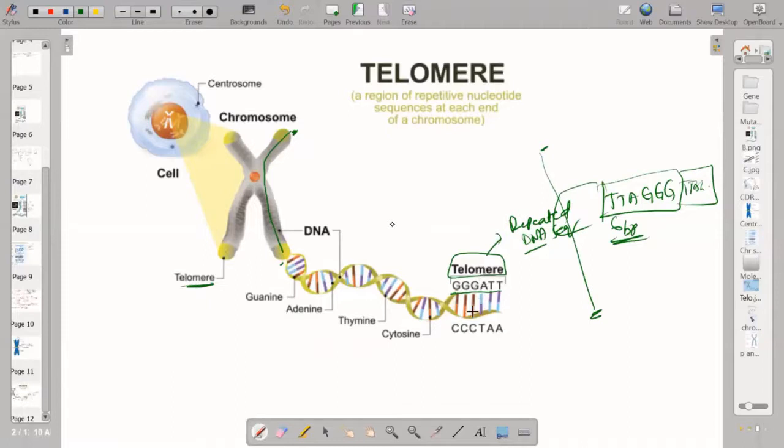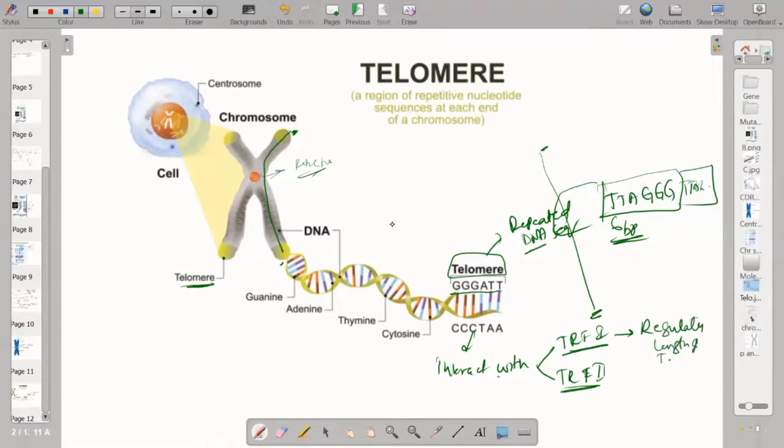These telomere regions interact with two types of proteins called TRF1 and TRF2. Just like how your centromere region interacts with the kinetochore, in the same way the telomere regions interact with two proteins, TRF1 and TRF2. TRF1 regulates the length of telomeres, and TRF2 maintains strand extensions.